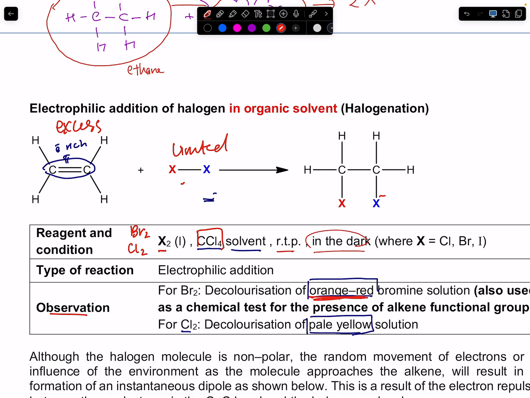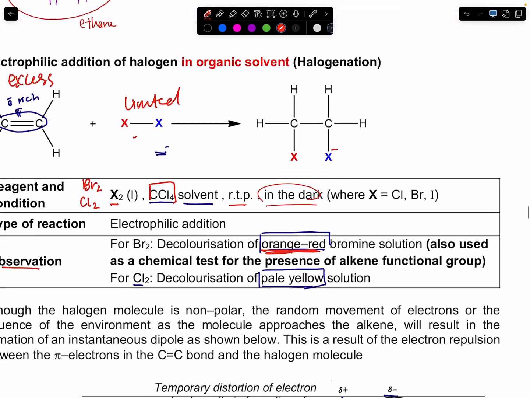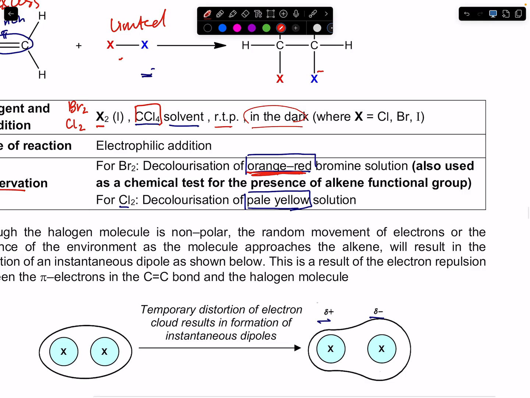Yes? Alright? So some of you might want to see how it polarizes the electron cloud. It's on the page here. Can you see the distortion of the electron cloud, which induces a dipole, a delta plus and a delta minus? The one that did it is the alkene. Alkene approached the XX, it became this. Understand, guys? So, clear on this?